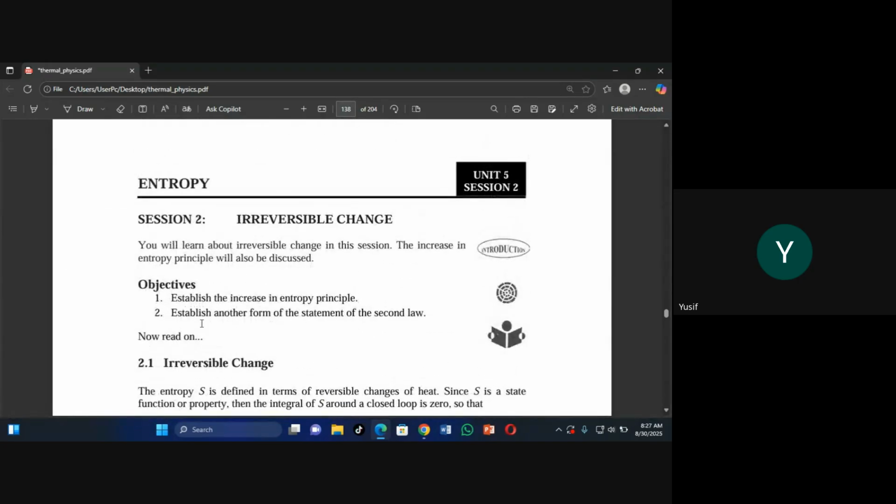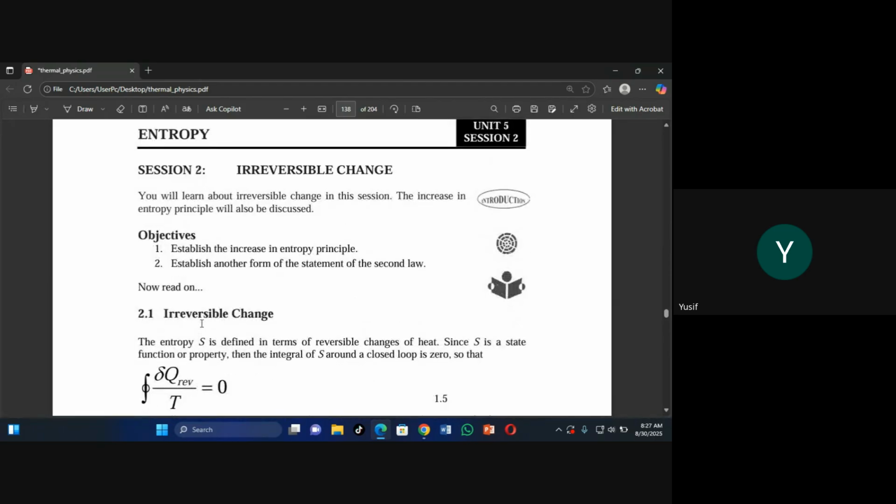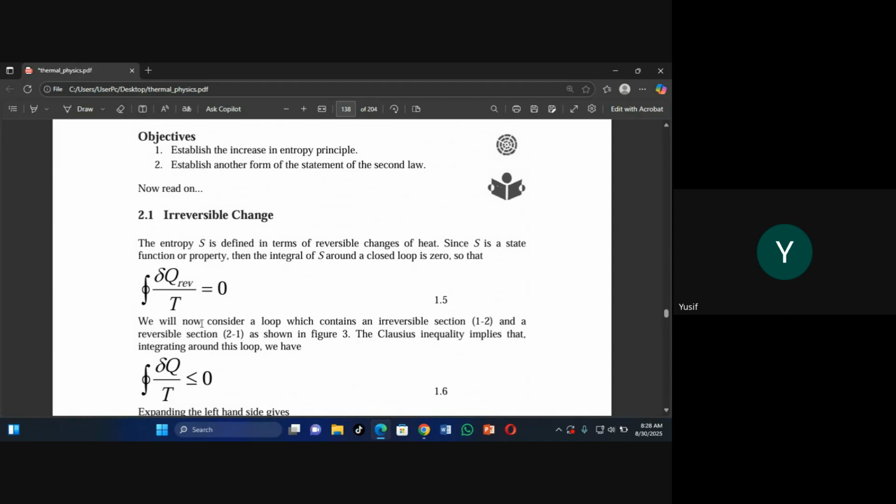So with this, we can go now to the irreversible change. Okay. Now the entropy S is defined, but please, are there any questions so far? Is there any question? No, let's go on.